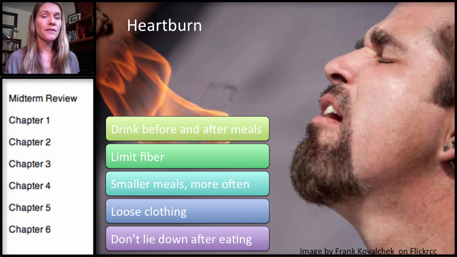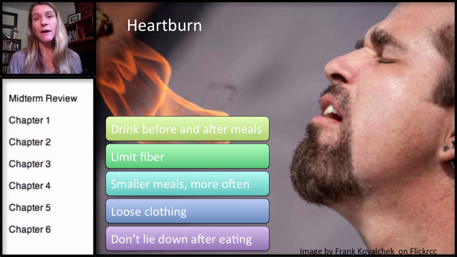And wearing loose clothing. It seems logical once you think about it, but you wouldn't think of it. If you have something that's really tight around your stomach and it's squeezing in on the stomach, what's going to happen? Those contents are going to go somewhere. And if they can, they'll go right into the esophagus, bringing that acidic content of the stomach into the esophagus.